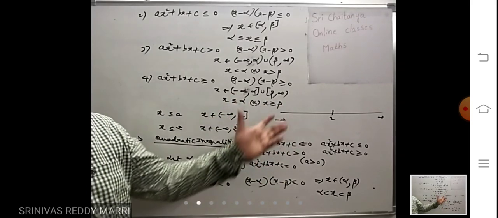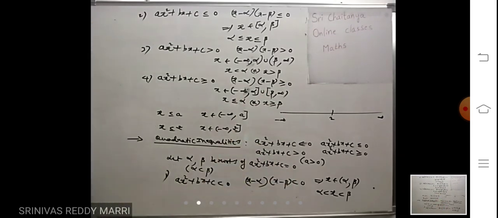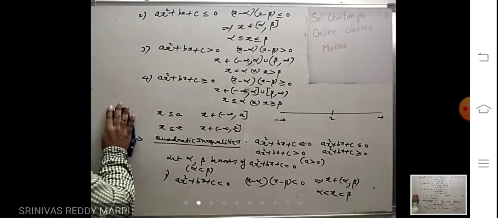Now if you see the problems, you will get an idea why these intervals are like this. We will see some examples today.